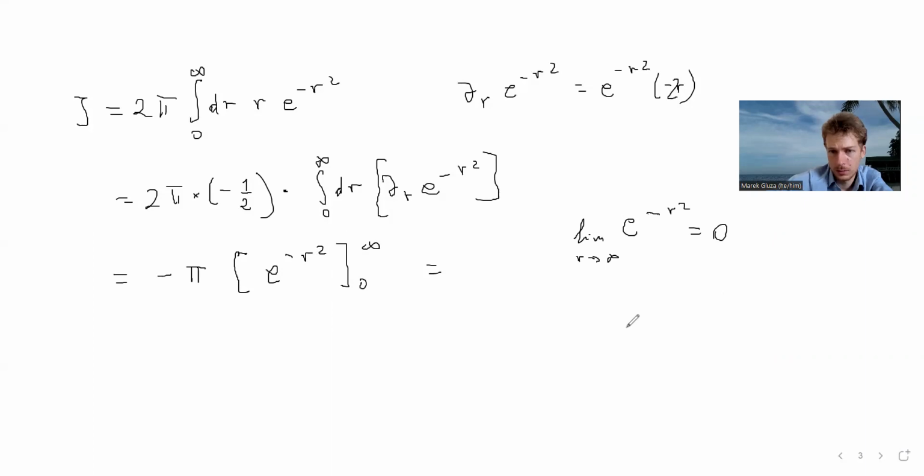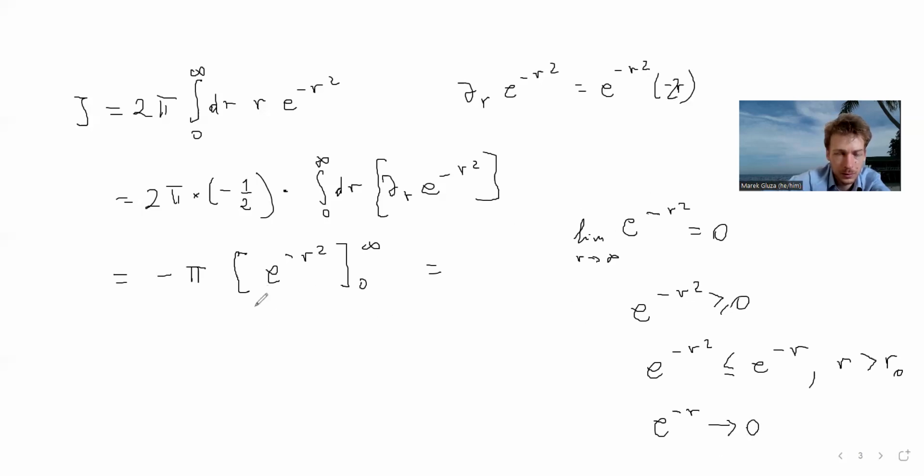You could prove this by showing that e to minus r squared is larger or equal to 0, but it's also dominated by e to minus r for large enough r. So we can maybe compute this later. And we know that e to minus r goes to 0. So from both sides, e to minus r squared goes to 0.